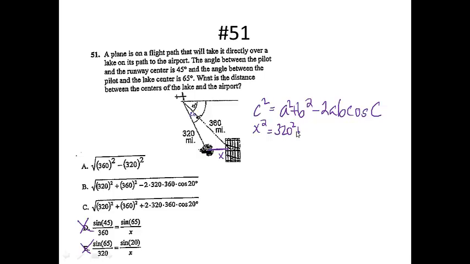So 320 squared plus 360 squared minus 2 times 320 times 360 times cosine of the angle, which is 20 degrees. And to get rid of the square, we're just going to square root. I don't have to simplify it, I just have to look at which one matches, and the one that matches is B.